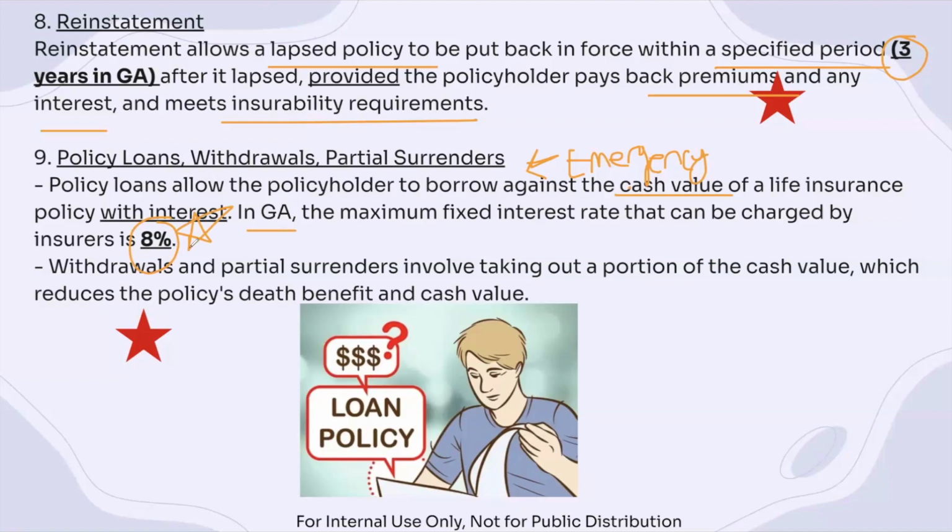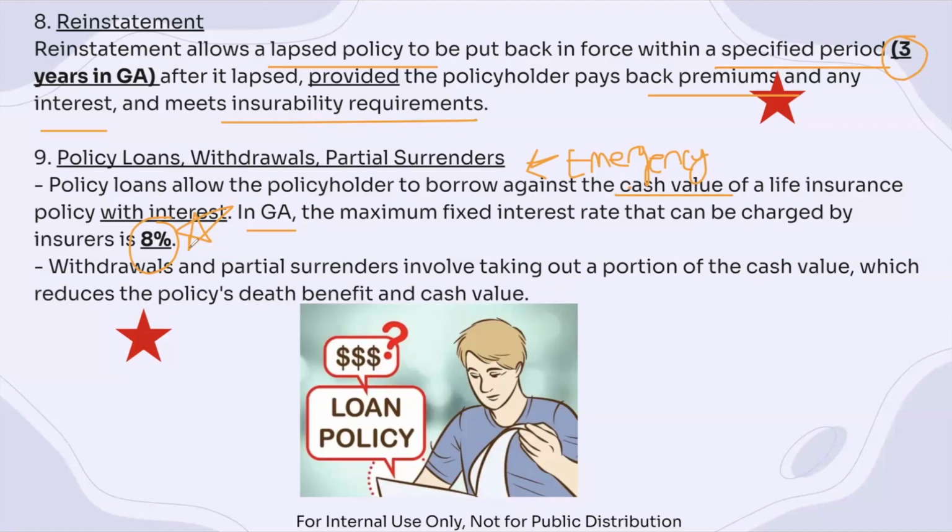And withdrawals and partial surrenders. Withdrawals include taking a portion of the cash value and not paying it back. In contrast with policy loans, where you're loaning it, paying interest, and paying back the original amount as well, with withdrawals and partial surrenders you are essentially taking out a cash value portion and not paying it back.